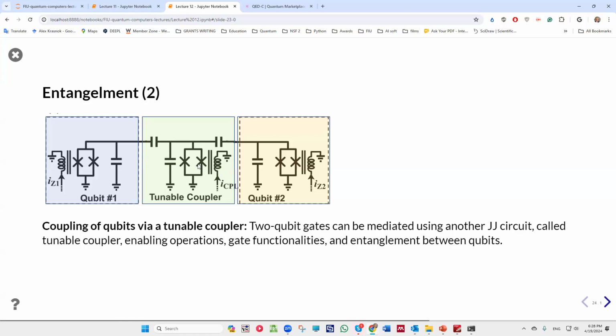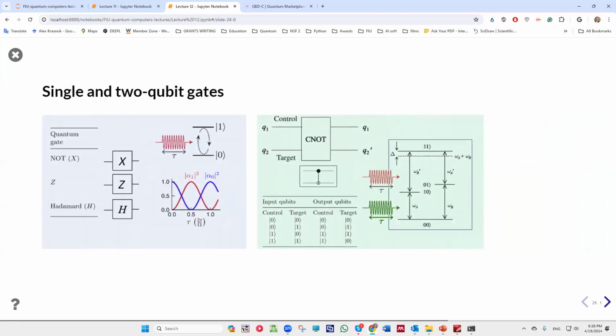We can control this coupling through another port, providing a sufficient amount of current or magnetic field. So this is just a coupler that controls the coupling of the resonators. This way we can achieve two qubit gate operations, we can achieve entanglement and so on. So this is the summary, basically.